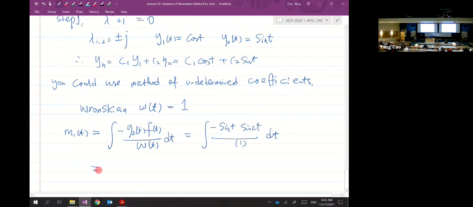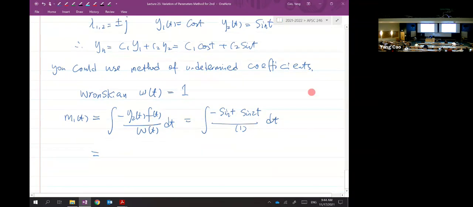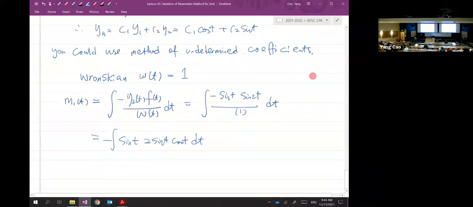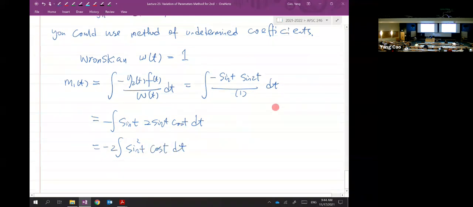This is again something that is a little bit unavoidable. When you have sine 2t, there's the trig identity: sine 2t is 2 times sine t cosine t. From here, you get negative 2 sine t squared cosine t dt. Again, you can use a substitution rule. Cosine t dt is equal to d sine t.